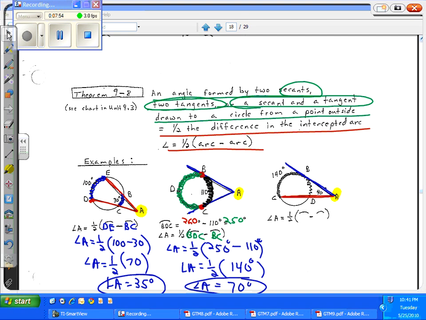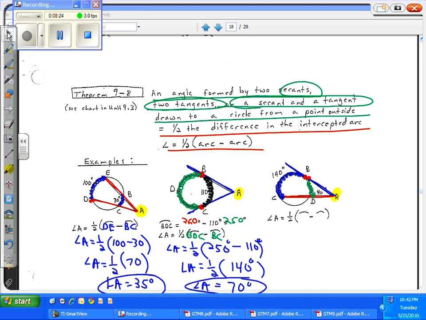On the third one, A is an angle formed by a secant and a tangent. The vertex is still outside, so it's 1/2 the difference in the intercepted arcs. We have to think about the point of tangent C. From C to the point of tangent C is one of my arcs. From D to my point of tangent C is the other arc.